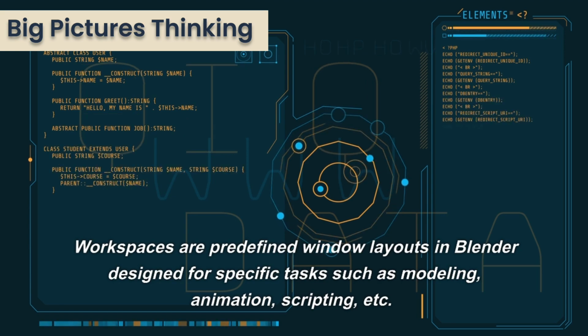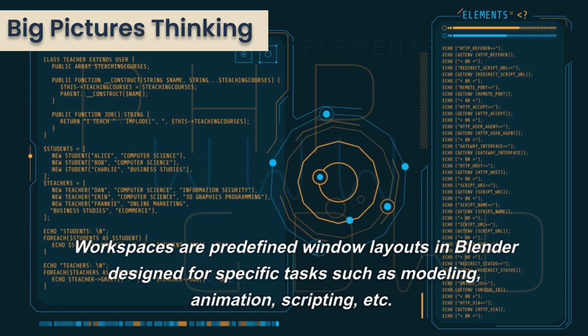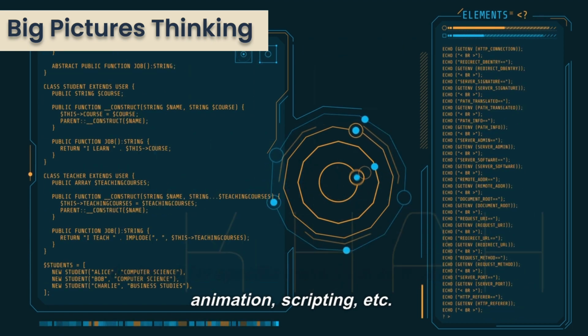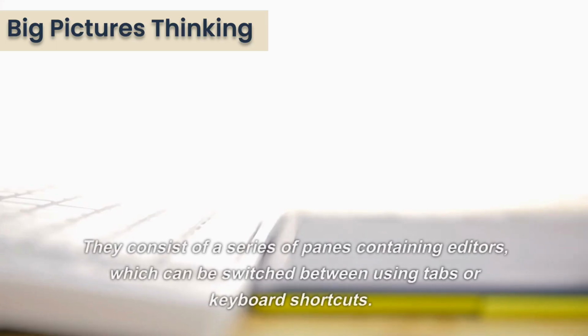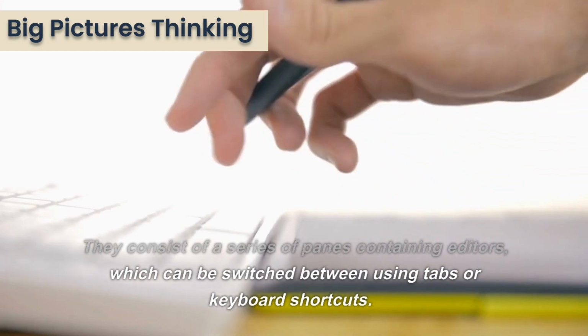Workspaces are predefined window layouts in Blender designed for specific tasks such as modeling, animation, scripting, etc. They consist of a series of panes containing editors, which can be switched between using tabs or keyboard shortcuts.